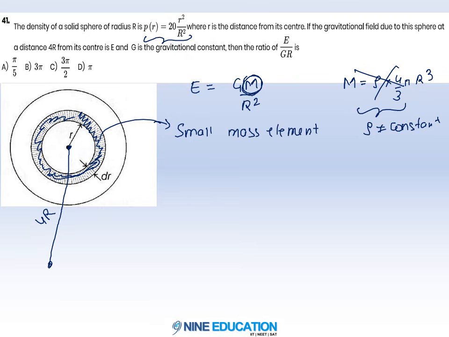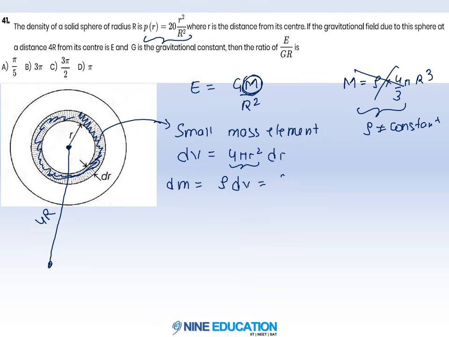So for this, the volume of this small mass element is area into thickness, and area is 4 pi r square, and thickness is dr. So dm becomes rho into dV.